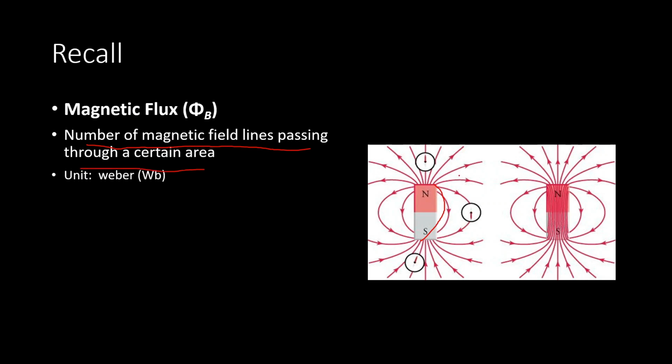For example, if I put an area here, there will be approximately 2 magnetic field lines through this area. And if I draw a circle around here, it will be 1, 2, 3, 4, 5. There will be approximately 5 magnetic field lines crossing here. In this case, the second surface will have a larger magnetic flux than the first case.